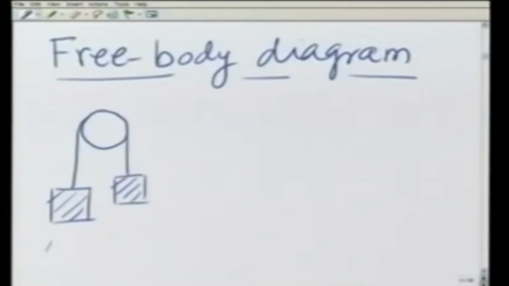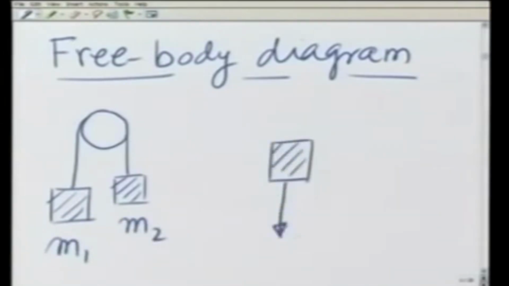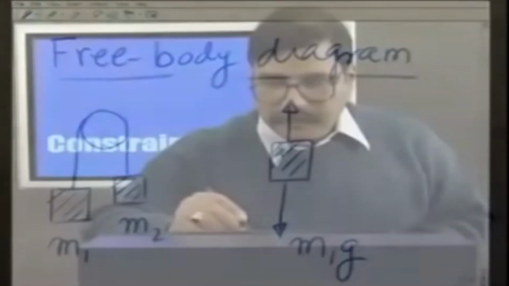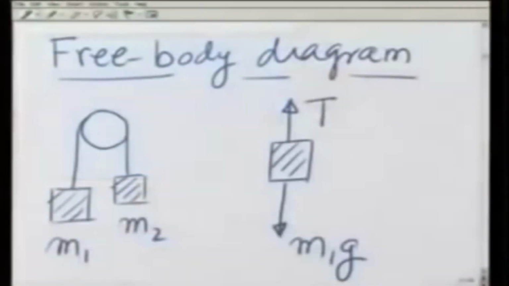So if I were to make the free body diagram for mass m1, it will be something like this: there is a force pulling it down, m1g, the gravitational force, and there is a tension T, which is the force of constraint pulling it up, and that is a free body diagram for mass m1.